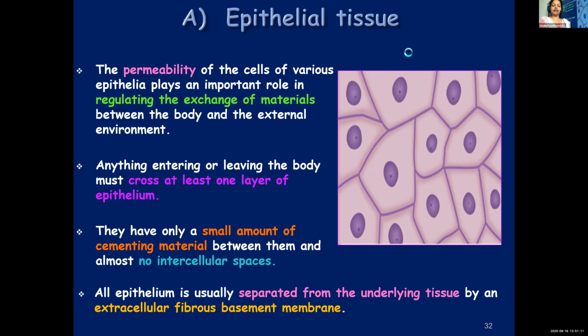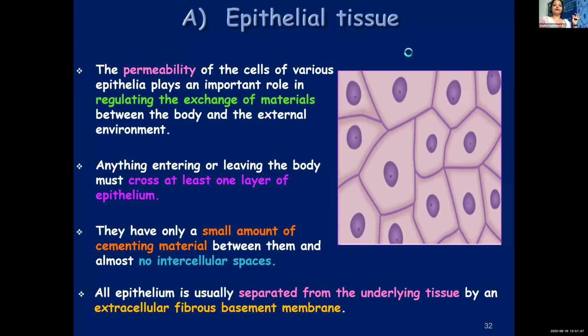Beneath the epithelial tissue, different layers of tissues are present, but in between the epithelial tissue and the tissues lying beneath, there is a membrane. What do you call this membrane? Extracellular, which is outside the cell. Extracellular fibrous basement membrane. So what is separating the epithelial tissue from the underlying tissues?